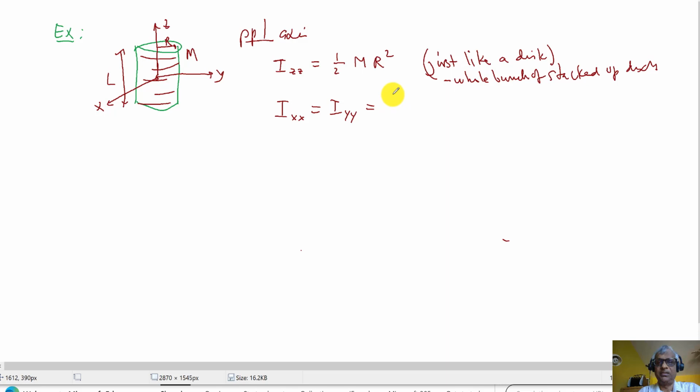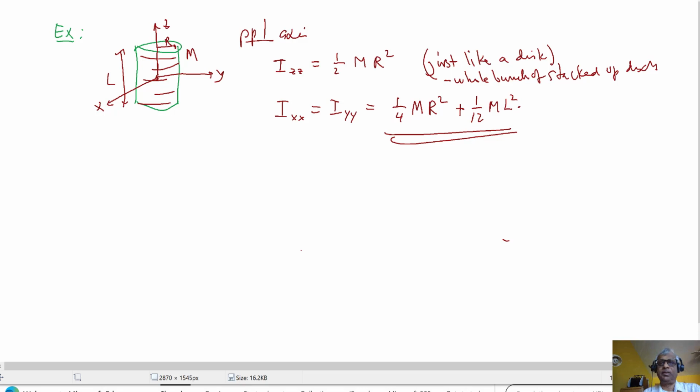But there's going to be a combination of 1/4 m r squared, just like the disk, and then because of the rod, 1/12 m L squared. Now how this separation happens, you probably have to do the whole full calculation.